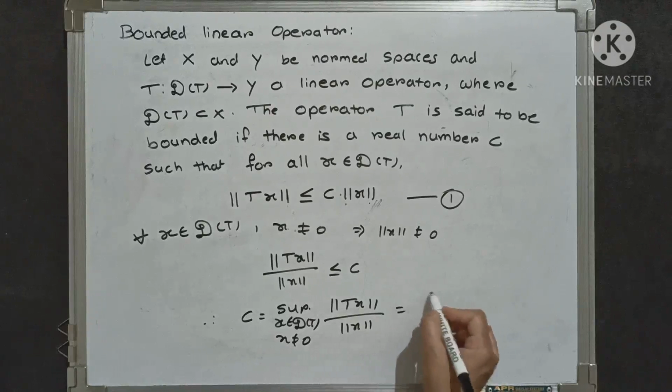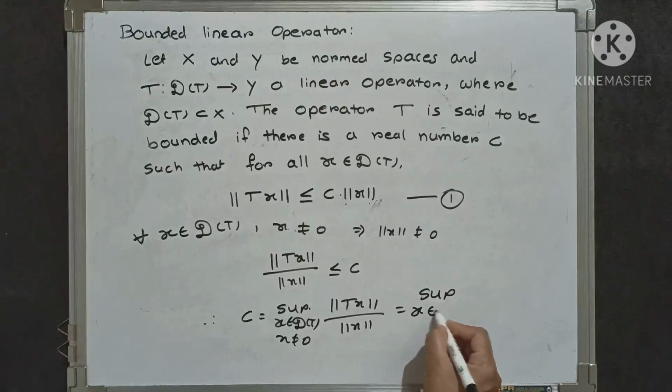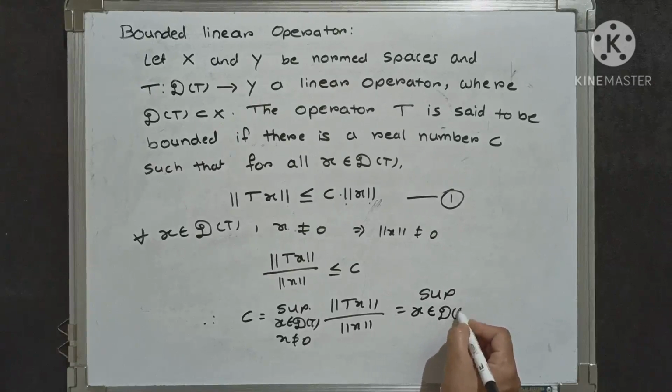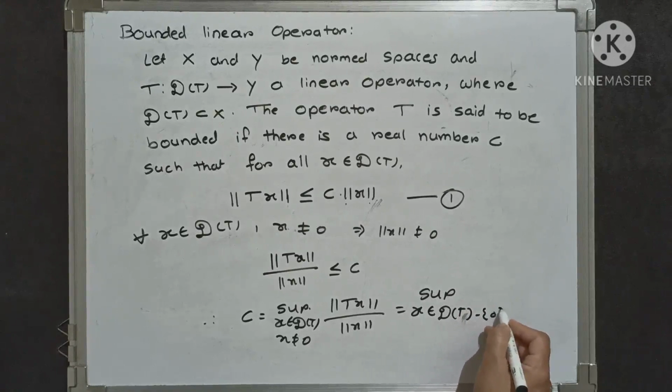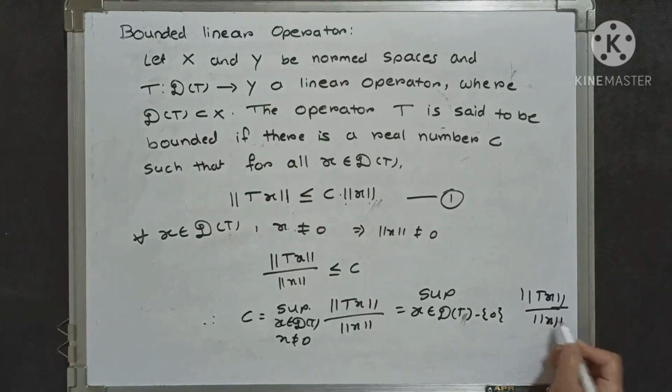This is also written as the supremum over x belongs to D(T) minus the singleton {0}, of norm of Tx divided by norm of x.